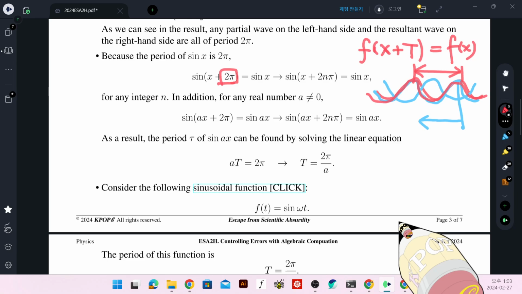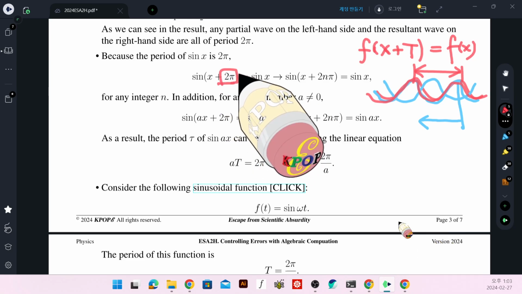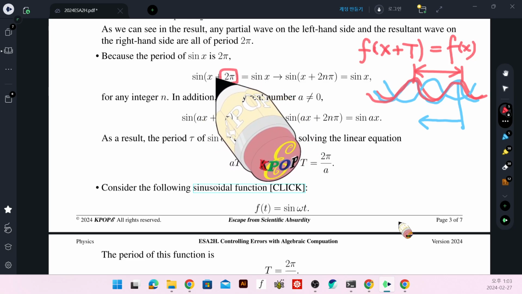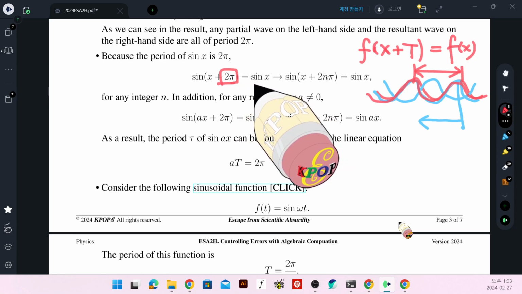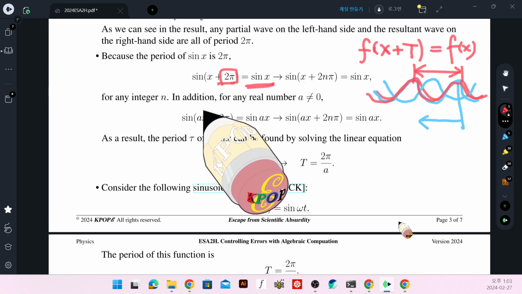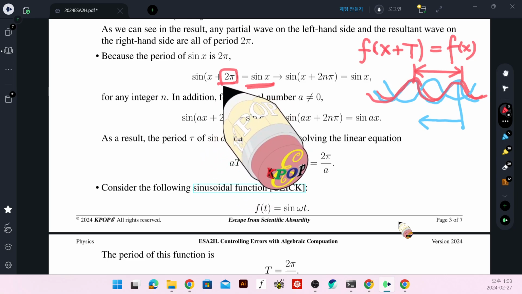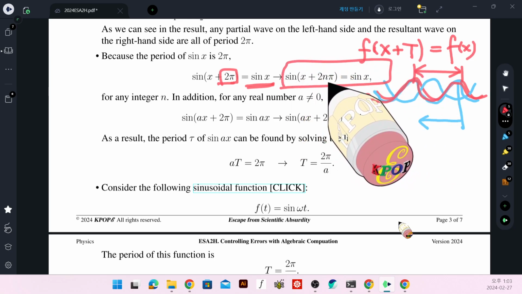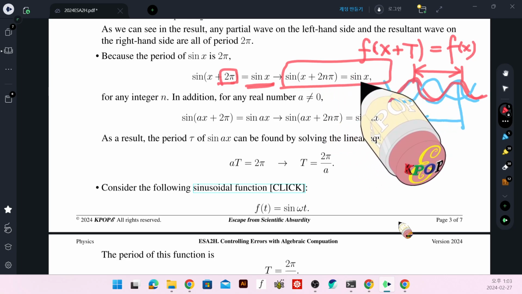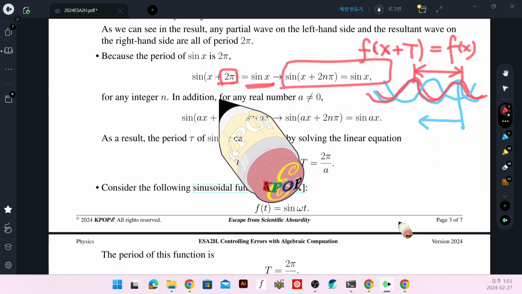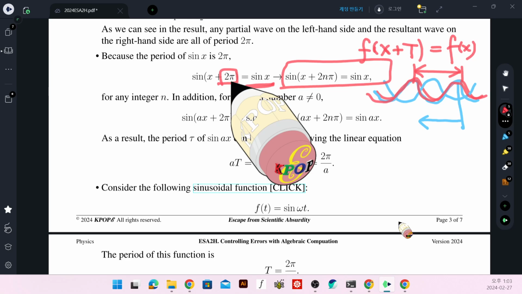Okay, let's see. If I add 2 pi to this argument, the result is the same. So I can do the same job repeatedly, n times, and the result is sine of x plus 2n pi, where n is an arbitrary integer. Then it is identical to the sine of x. So it is periodic with the period 2 pi.